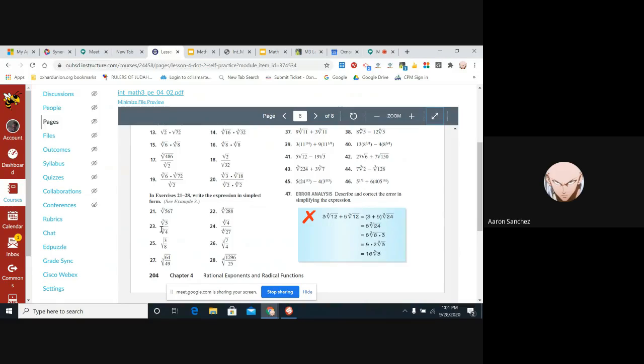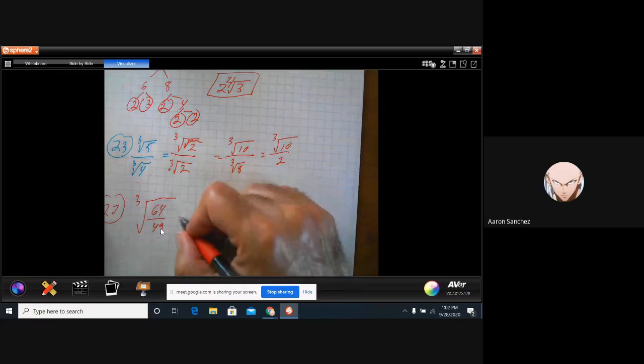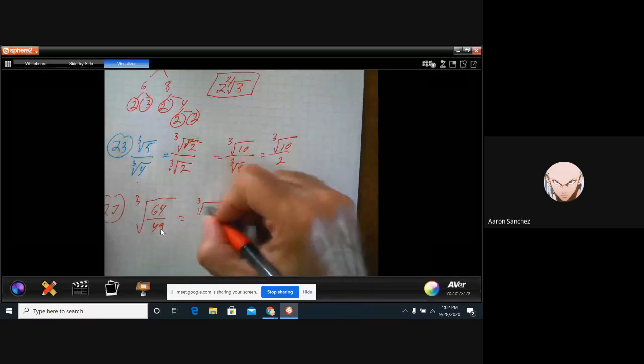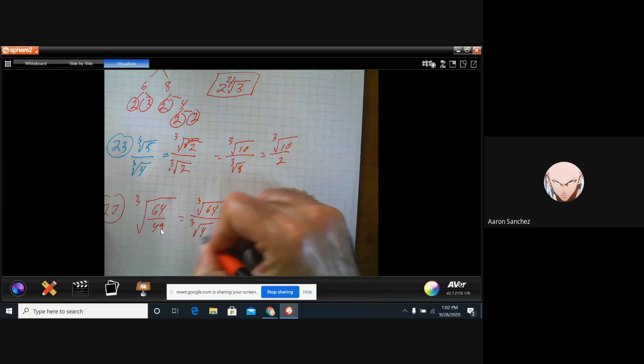27. Okay. 27, straightforward. Nah, not really. Maybe not. The cube root of 64 over 49. I want a perfect cube root in the denominator. So I can rewrite this as the cube root of 64 separated over the cube root of 49.